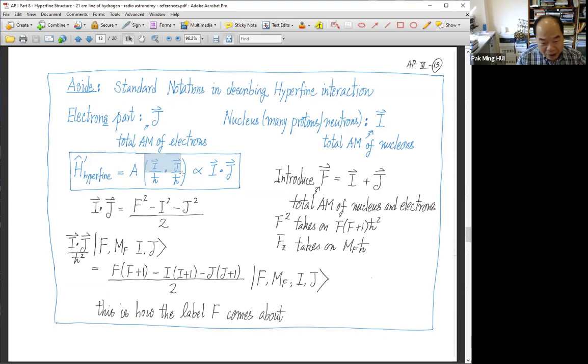And now they couple and the total will be called F. So you will see different symbols, but the physics is just what we discussed. So this page is just meant to make connections, especially for those who have taken some other courses.